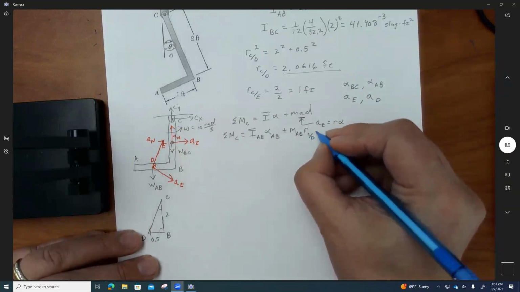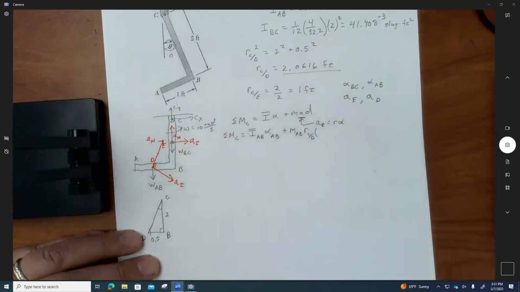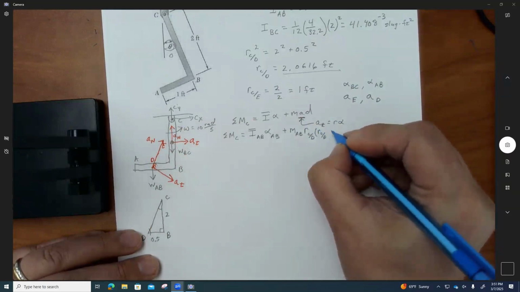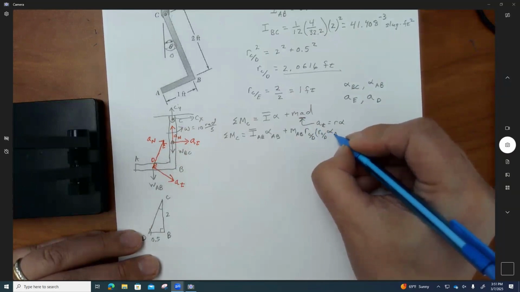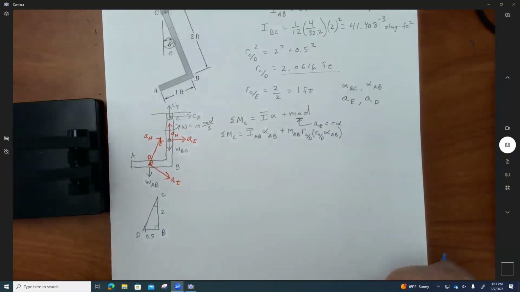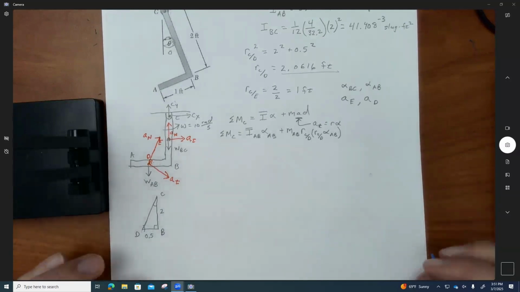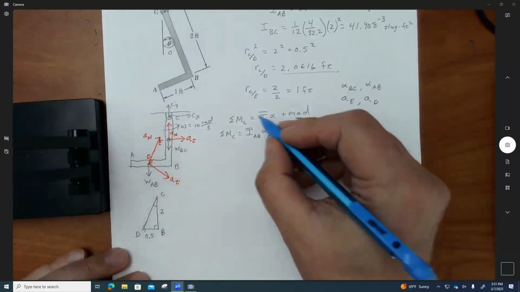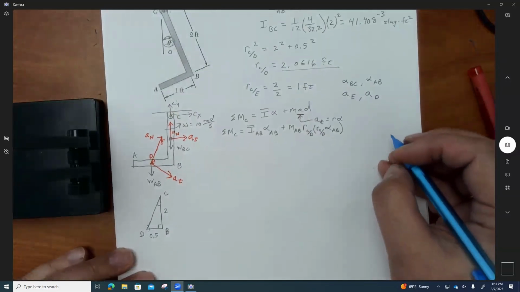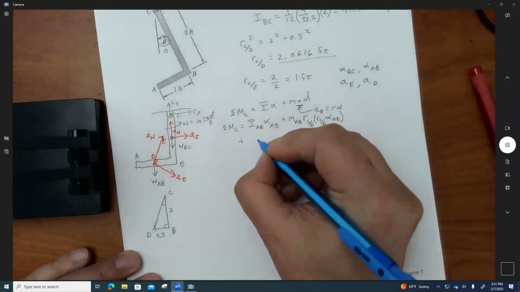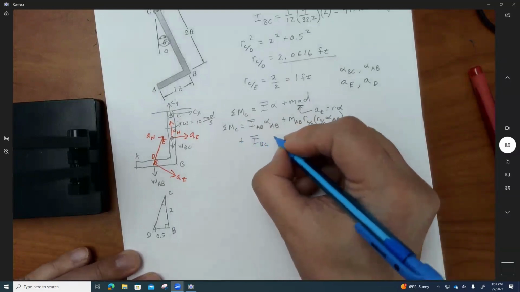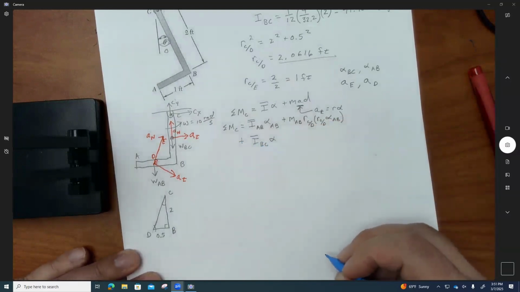We'll need the tangential component, which is going to be another r of CD multiplied by alpha AB. And then we're going to look at this piece. So added to that, we're going to have I bar of BC times alpha.